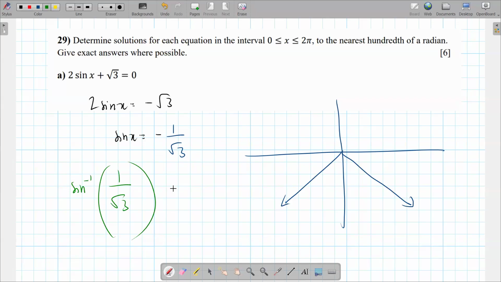That gives me my acute angle is 0.615. I got that from my calculator. And it's not in terms of pi because it's not an exact special triangle angle. We're still in radians. And this angle is going to be 0.615. So now what's the angle in Q3?